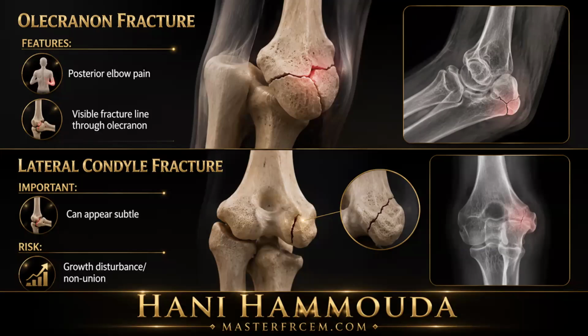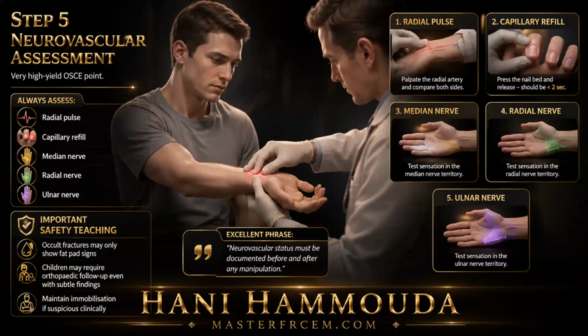Clear? Okay. So you will check neurovascular assessment. You will check the radial pulse, because with a problem in the elbow your concern may be the brachial artery, or maybe the median or radial nerve, or ulnar.